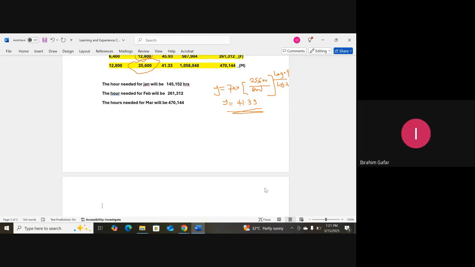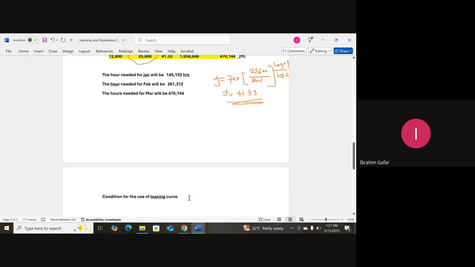Okay. So another thing that we also need to look at is the conditions for the use of the learning curve. What are the conditions?